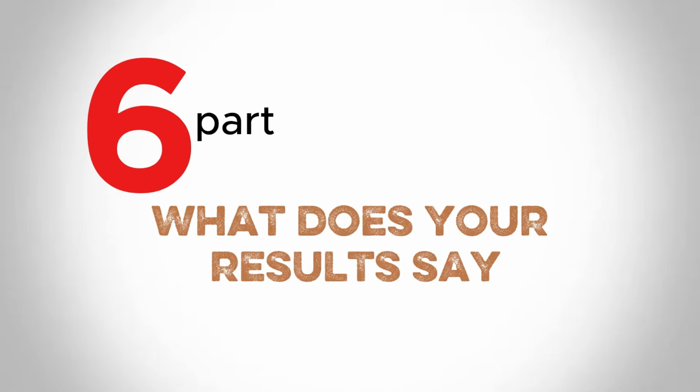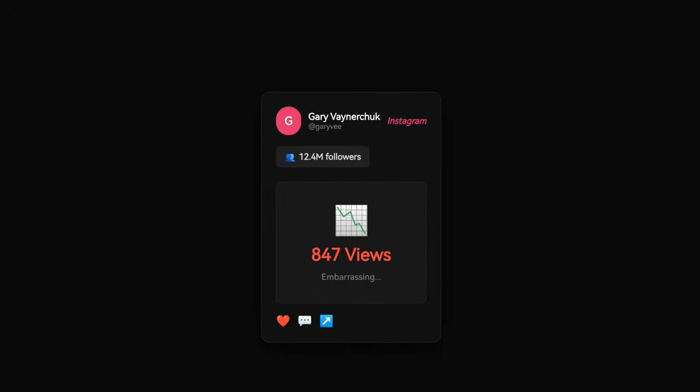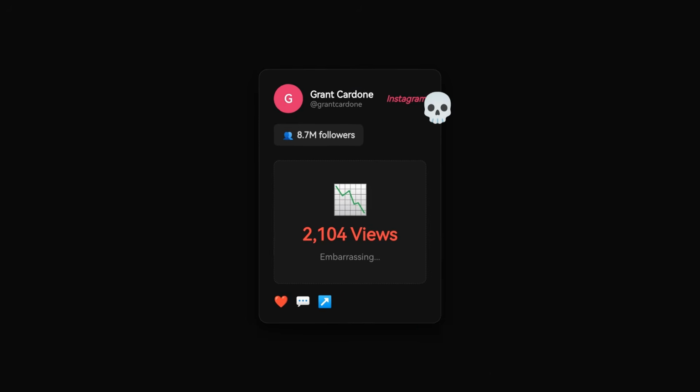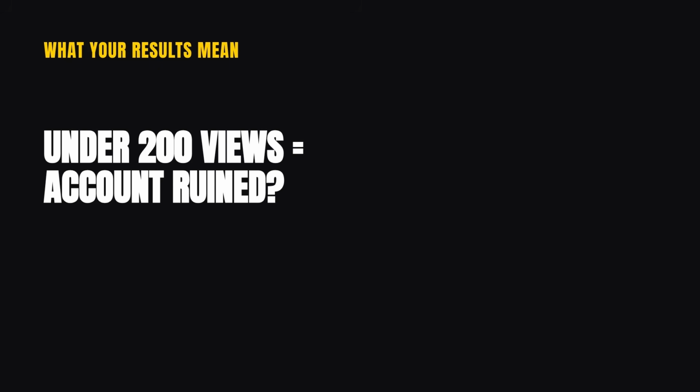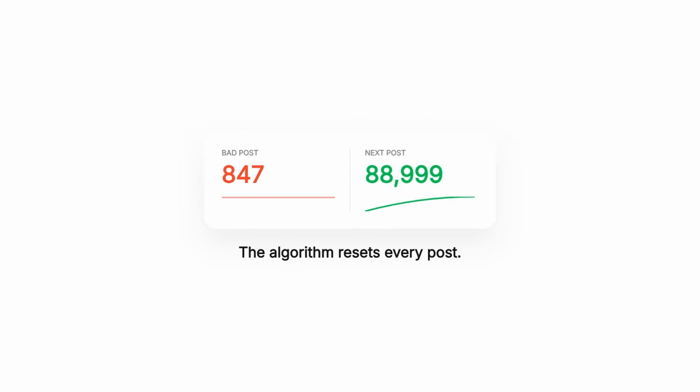Part 6. What your results might mean. Now let's talk about expectations. Some creators believe that if their first video gets fewer than 200 views, the account is permanently ruined. That's much too absolute. A low-performing first post doesn't automatically mean your account is cooked.